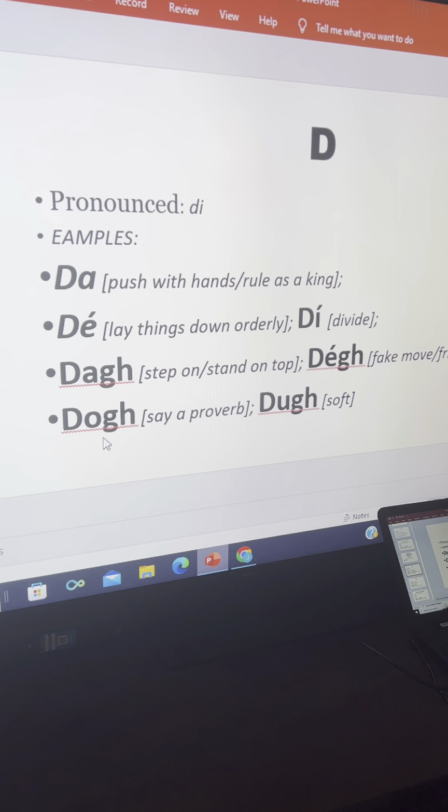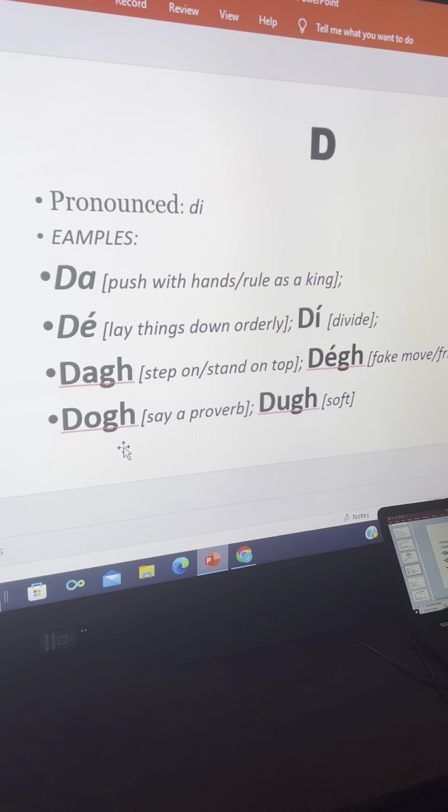You see? These are distinct alphabets. So dok is an indirect speech, like a proverb.